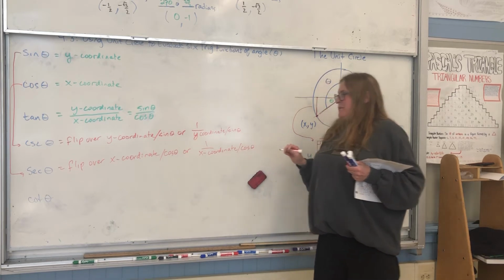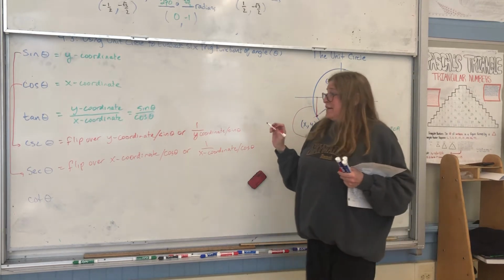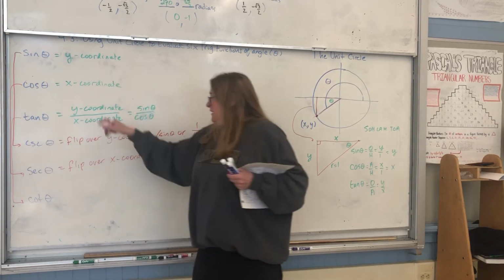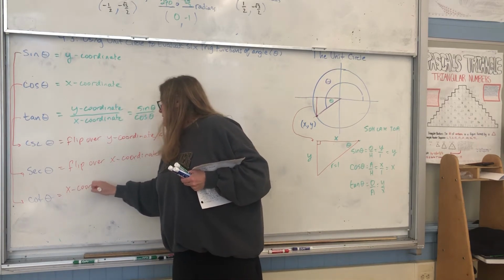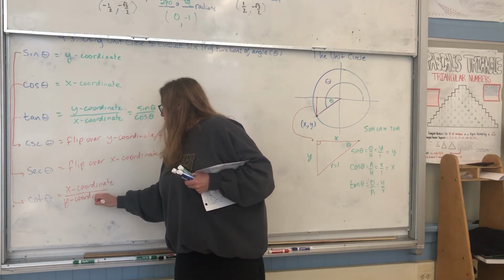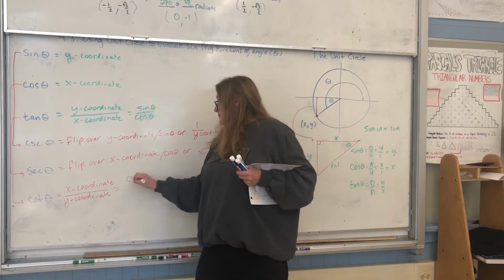Those are both the same thing. Okay guys, the last one is cotangent. So I'm going to flip over tangent, and if I flip over tangent, that gives me the x coordinate over the y coordinate, which is cosine over sine.